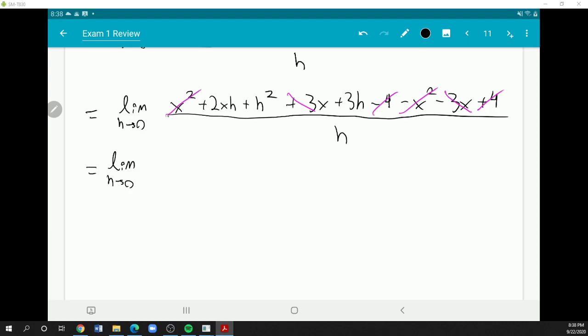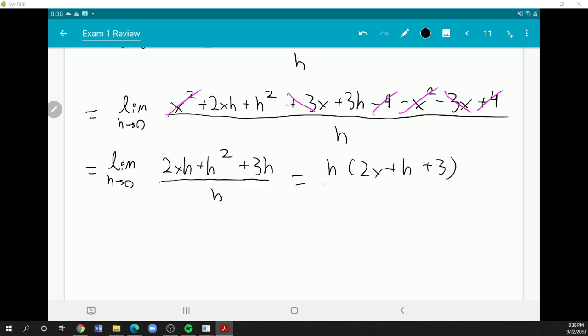So you have limit as h goes to 0 of 2xh plus h squared plus 3h over h. Now we just factor out an h: h times (2x plus h plus 3) over h with a limit.